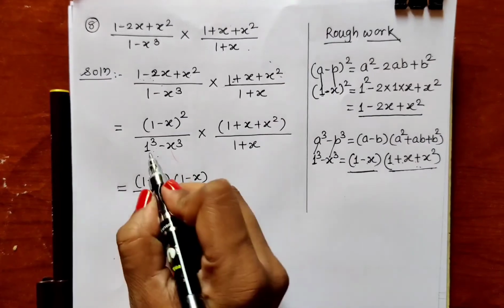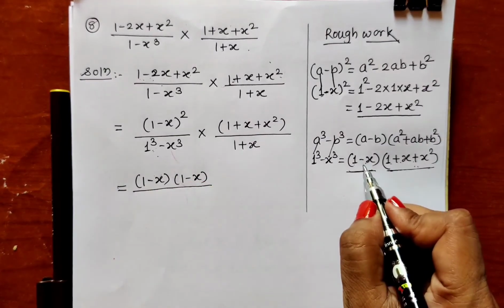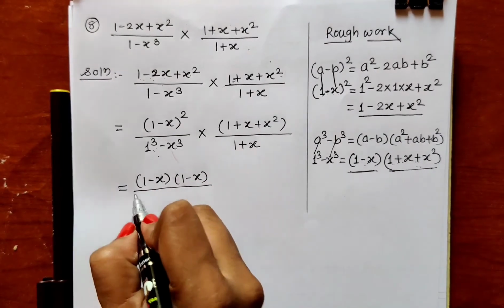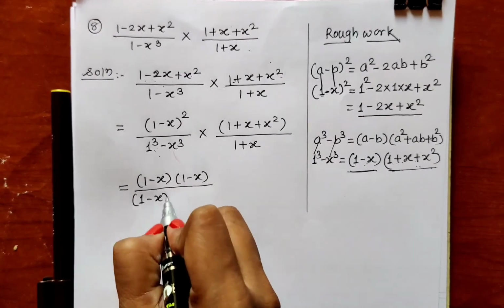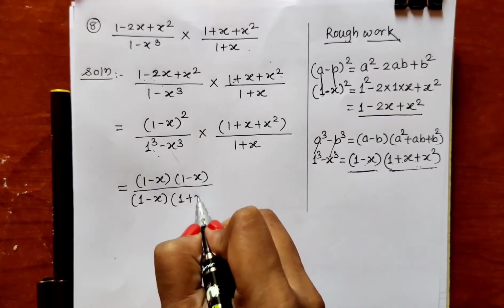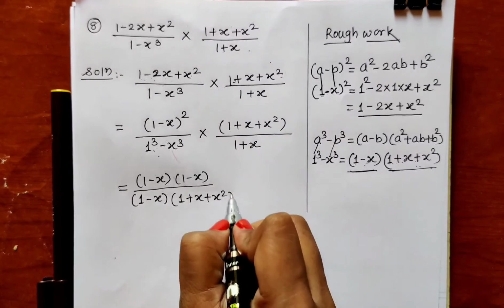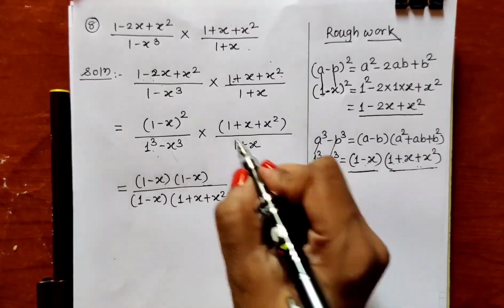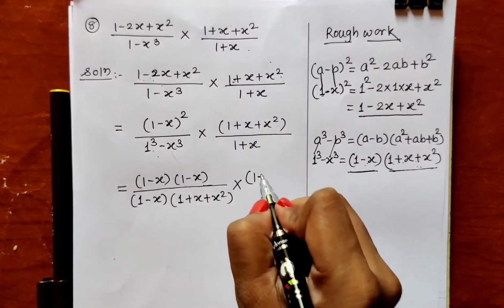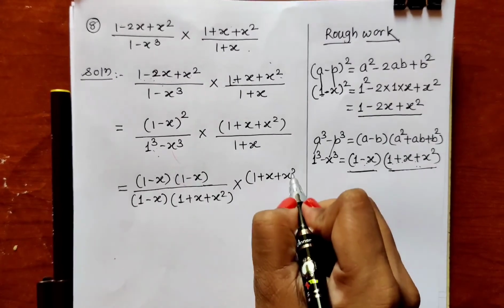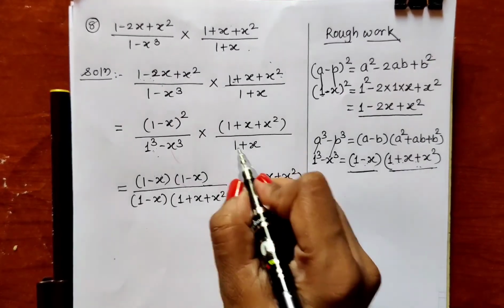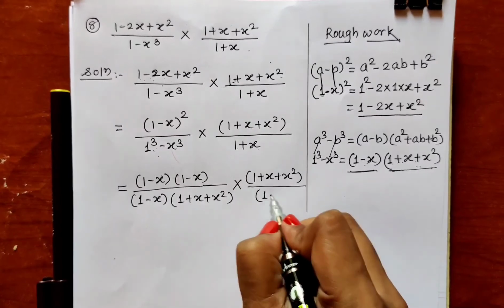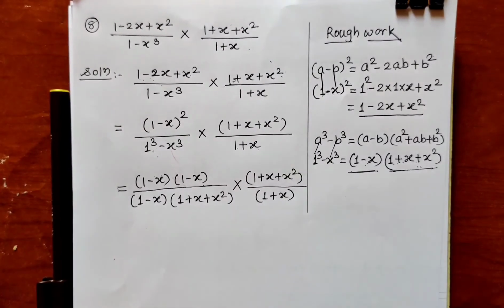And here we apply the formula and we have got these 2 factors: (1 minus x), and (1 plus x plus x square) in the second bracket, multiplied by this bracket written as it is, (1 plus x square), upon the denominator expression, again written as it is, 1 plus x.